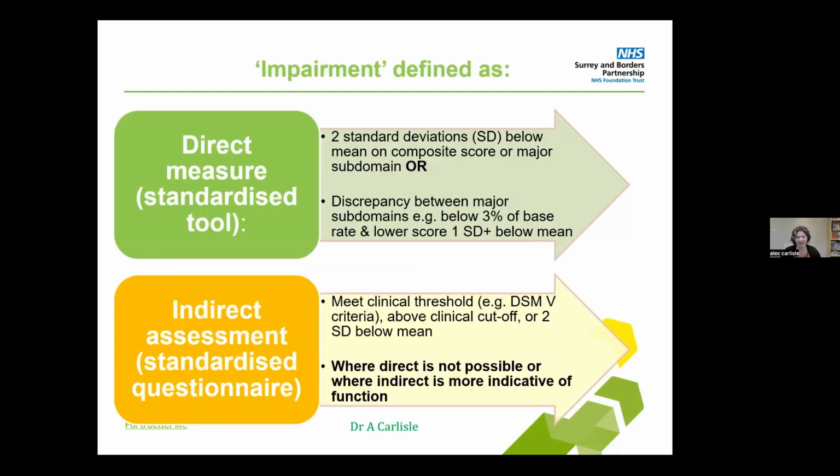On the bottom arrow here, you've got indirect assessments, and an example would be a Conners questionnaire, which is an ADHD questionnaire, or a brief executive function questionnaire. Or it wouldn't necessarily have to be a standardized tool from the SIGN guidance. It could be clinical criteria such as the DSM-5 definition of ADHD, if those criteria had been met.